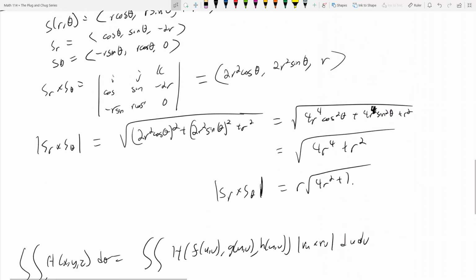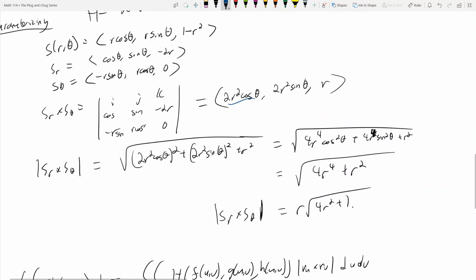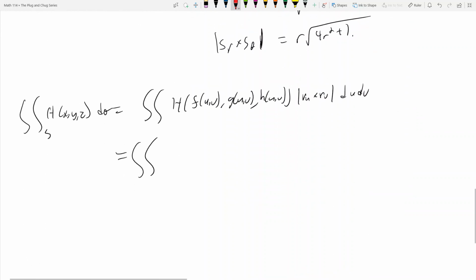I need to plug in little f of r theta, little g of r theta, and little h of r theta, and so our u's and v's are really r's and thetas. U's and v's are like placeholders for your parametrizations.